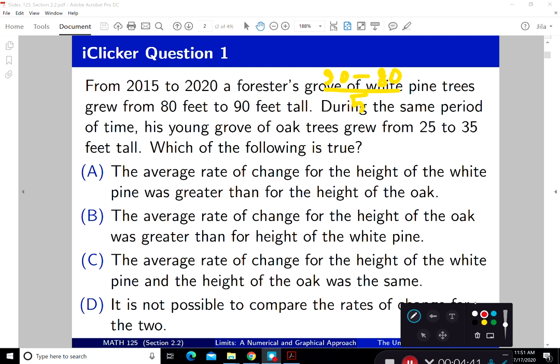So this would be 10 divided by 5, which is 2. And then for the oak trees, it's 35 minus 25, divided again by 2020 minus 2015, which is 5. And that's 10 divided by 5, and it's 2. So the average rates of change are going to be the same.